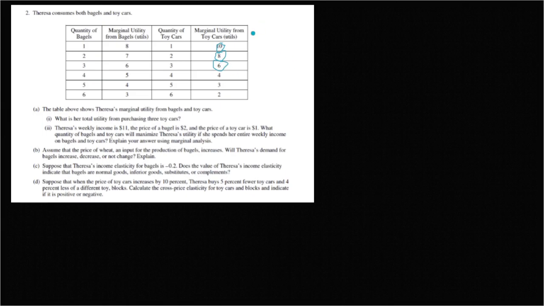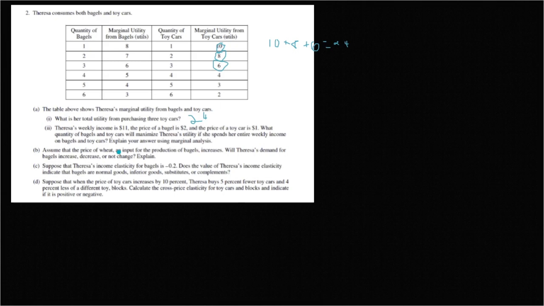If the first car gives her 10, the second car gives 8, and the third car gives 6, this will be a total of 18 plus 6 is 24. So 24 utils, just whatever unit of satisfaction here.